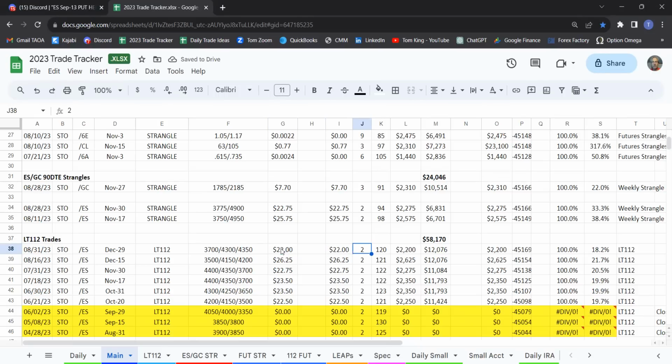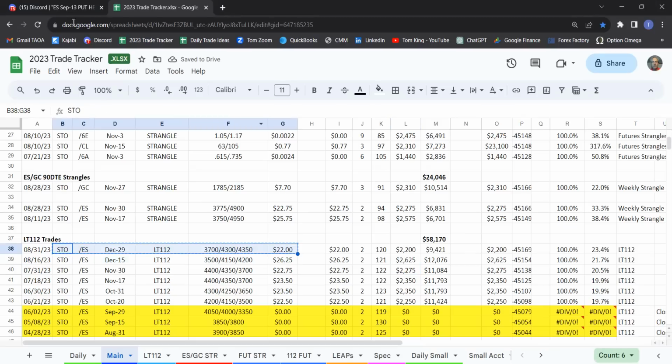So we'll take the 2,200 there. And the buying power that we used on this trade was 94.21. This is the initial buying power, which does drop. So 94.21.